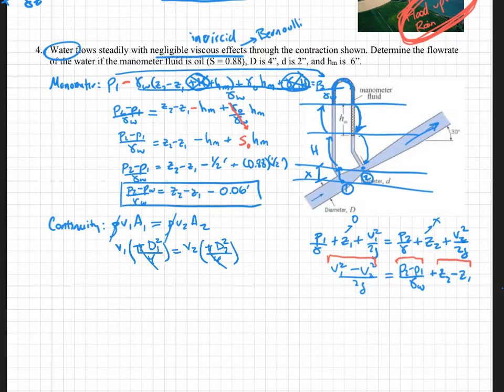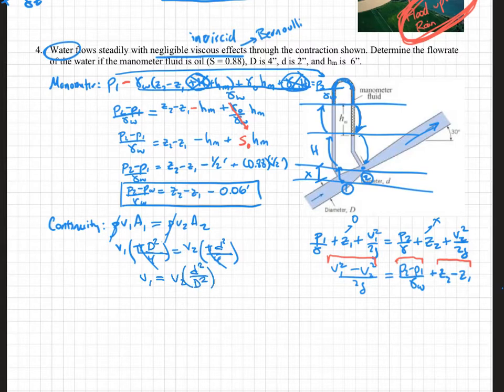Oh, sorry, I forgot, I kind of just got on a roll here. This is a capital D squared and this is a lowercase d squared. So rearranging, we get V1 equals V2 times d squared on D squared.